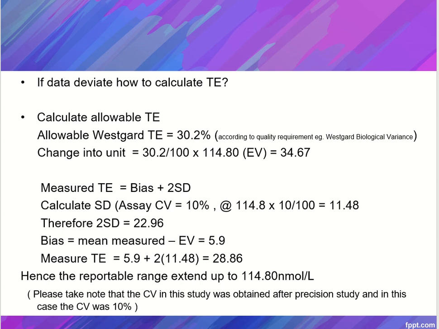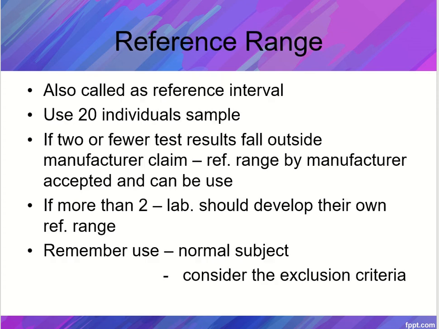Okay, that's all for the reportable range. Now we go to the reference range. It is also called reference interval. So we use 20 individual samples. If 2 or fewer test results fall outside the manufacturer claim, then the reference range by manufacturer can be accepted and used, meaning that you use 20 individual samples and then you test these samples.